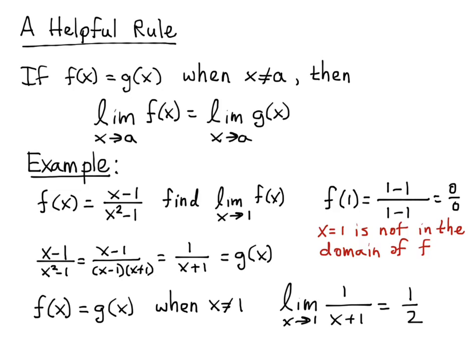So we can take something like this, simplify it, and make use of that rule so we can more easily calculate limits, because this one we can get by inspection. This one, probably most of us couldn't do in our head readily, right? You can plug in a 1 and you get 0 over 0. But here, if we plug in a 1, we get 1 over 2.